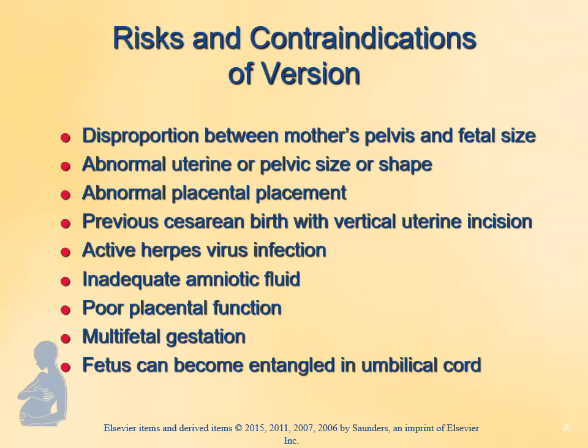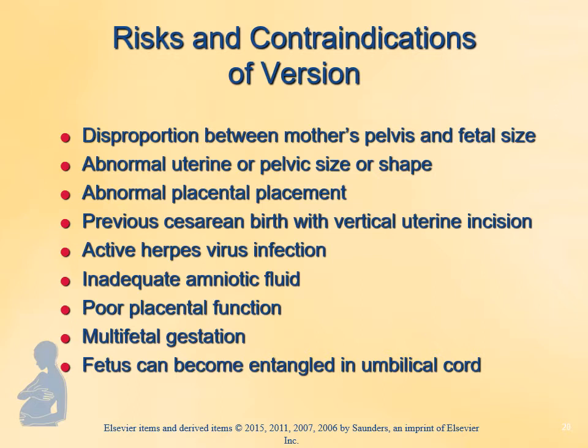Of course, if she's had a classical uterine incision prior, we would not want her to go into labor, and therefore we would not waste our time doing a version to try to turn the baby. She does need to have adequate fluid volume, so somebody with oligohydramnios would not be a good candidate for a version.